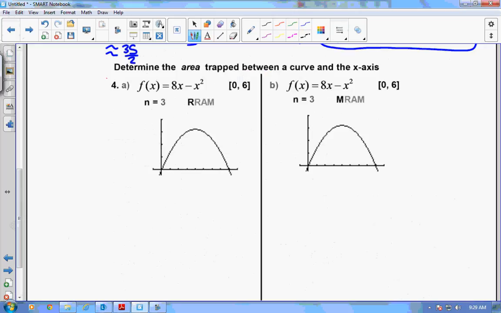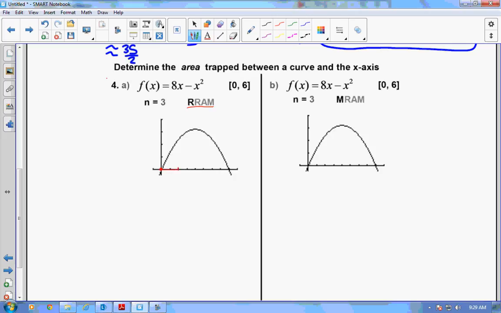Okay, number 4, we have a parabola again. N equals 3 from 0 to 6. So, how wide are the rectangles going to be? 2. And we're using right endpoint.